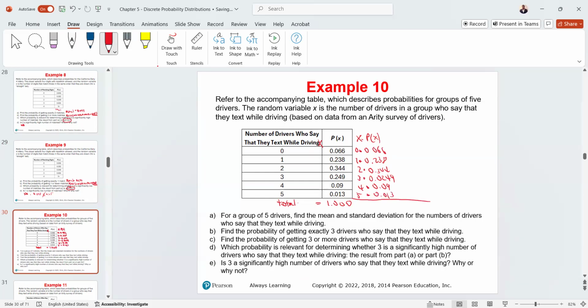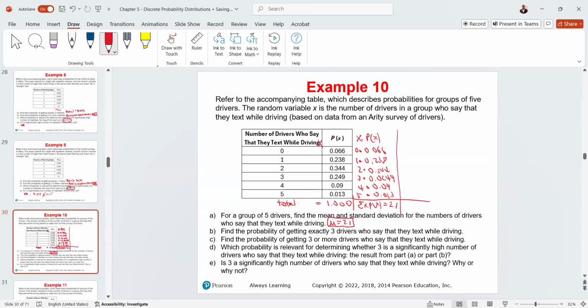All right, so remember, it's the sum of x times p of x. That's the answer we were doing before, and I gave you not the correct one. So that would be our mean. So we know the mean would be 2.1.